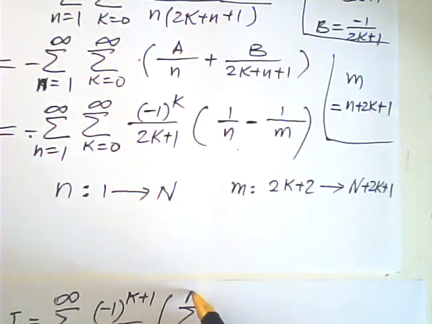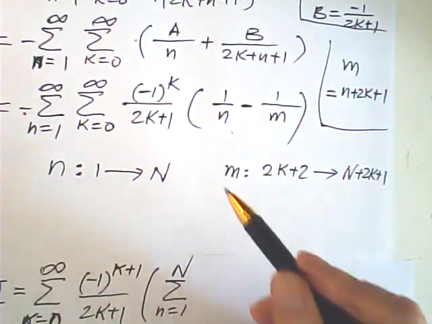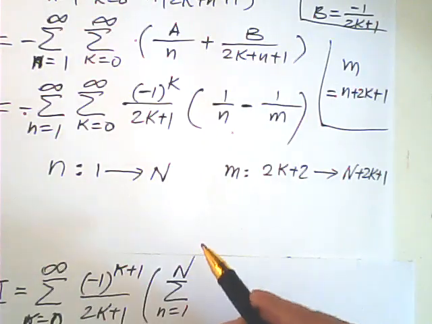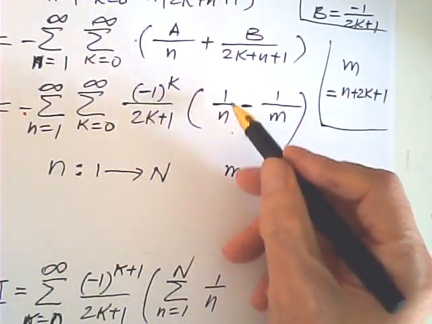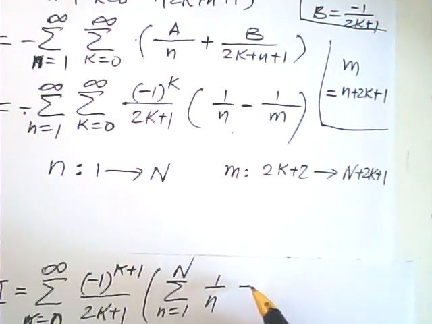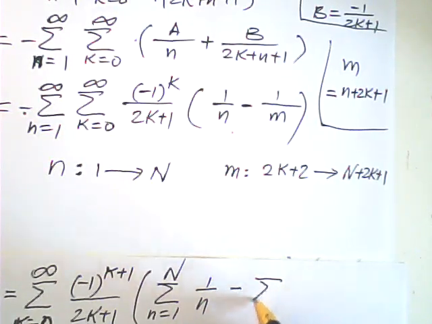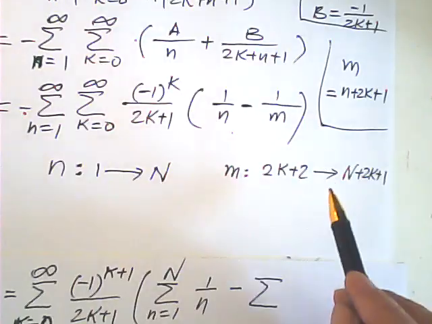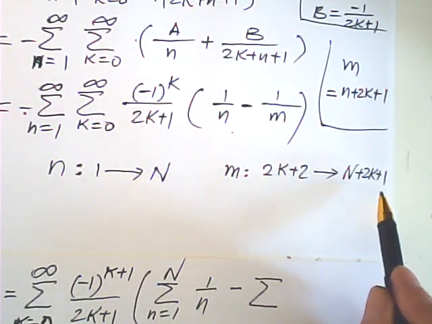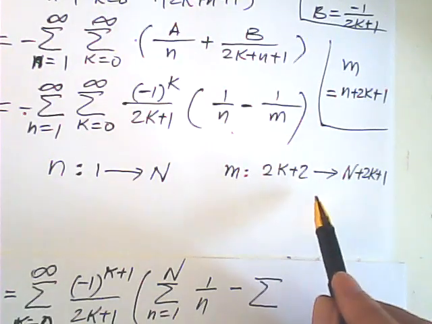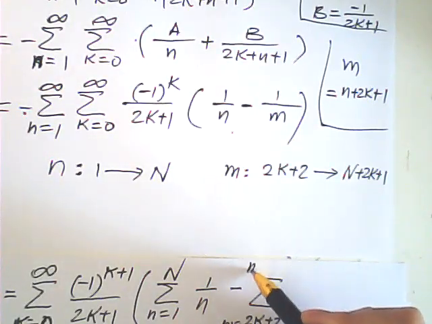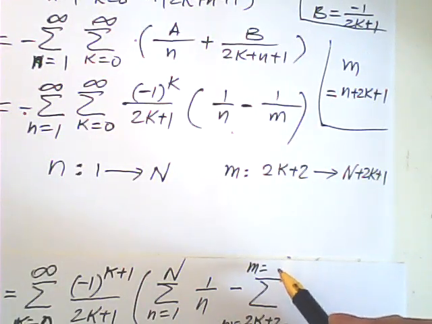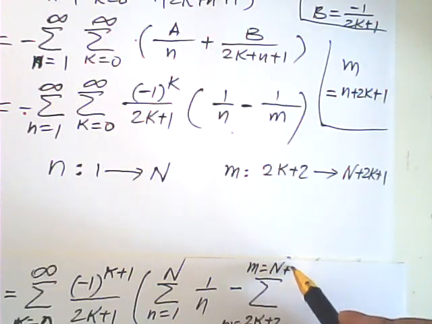n from 1 to N. Okay, then sum 1 over n, right? Minus this, 2k plus 2, this m equal to n plus 2k.